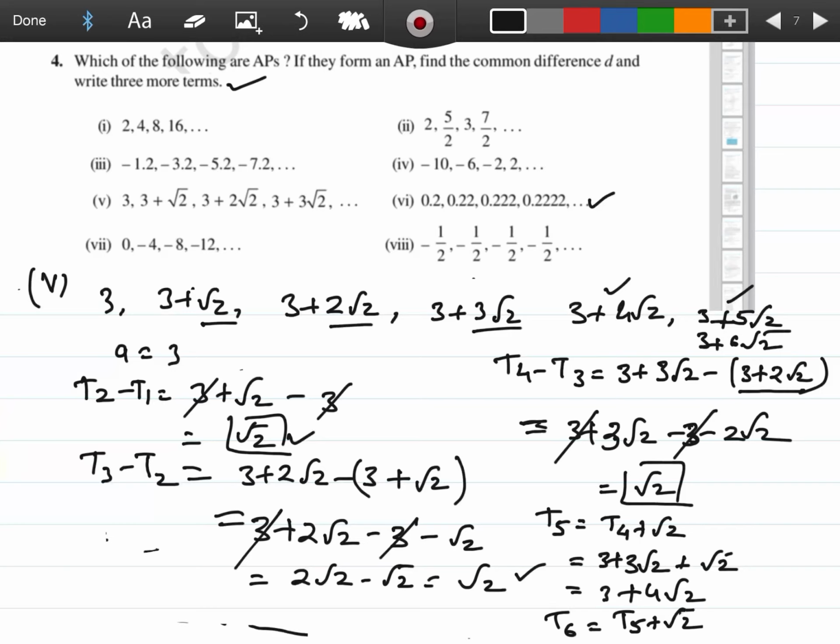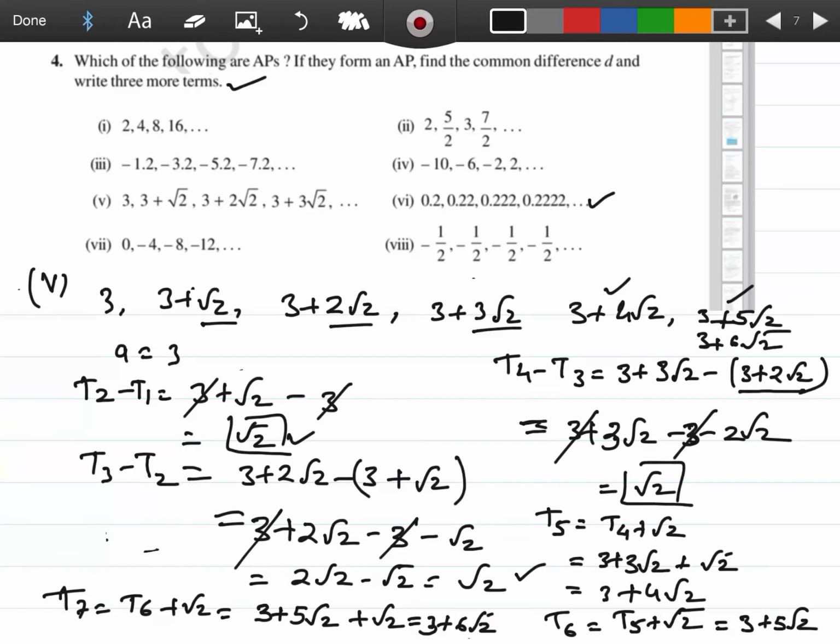तो T6 आपको मिल गया. T7 भी आप निकाल सकते हैं. T7 will be T6 + √2. ये आपको T6 मिल रहा है 3 + 5√2, तो T7 मिलेगा 3 + 5√2 + √2, दैट इज 3 + 6√2, ये आपका T7 हो जाएगा.